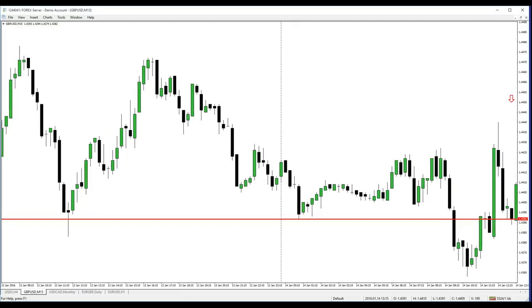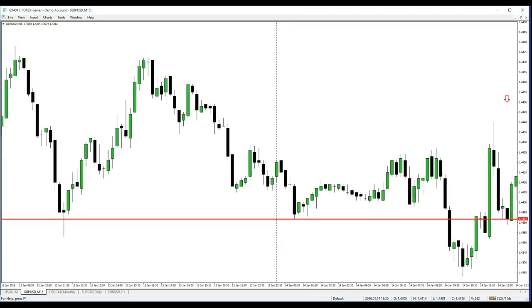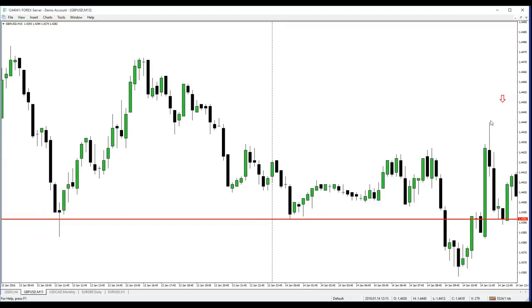Rallies off strong. Where's liquidity? Above the high, right? Does everyone agree the liquidity would be above these highs, or this high rather? I'm waiting for your response.